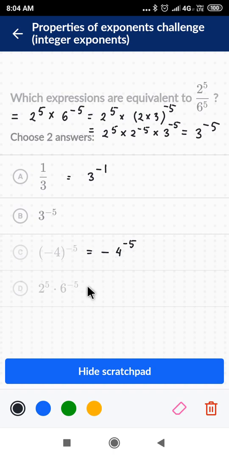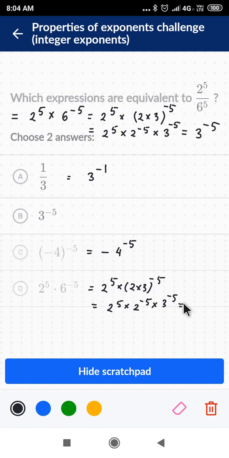And D is 2 to the power 5 into 6 to the power minus 5. So we'll write 6 as 2 into 3 to the power minus 5, that is equal to 2 to the power 5 into 2 to the power minus 5 into 3 to the power minus 5. 2 to the power 5 into 2 to the power minus 5 will become 2 to the power 0, or that is 1.